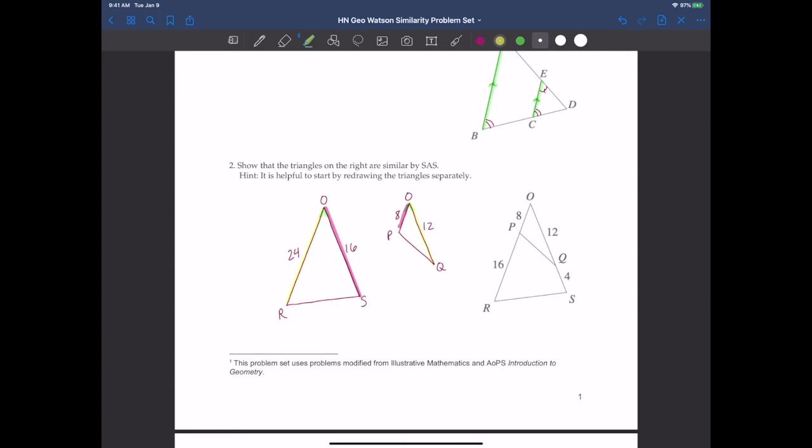So what remains to be done in this problem after you draw this picture is to write a sentence putting together what this tells you.